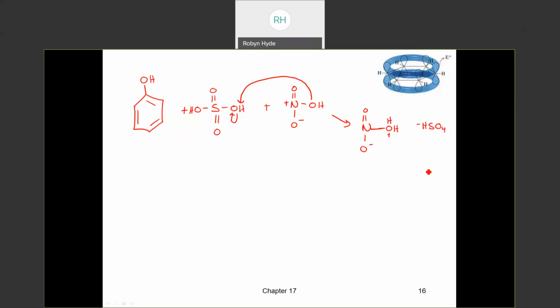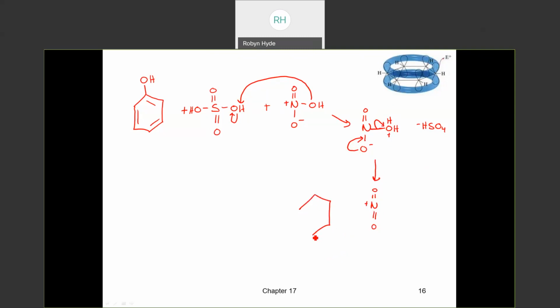Okay, that's the first step. Then what happens? The lone pair from the negative oxygen moves in. I kick off water as my good leaving group. And so then that gives me a nitronium ion as my excellent electrophile.